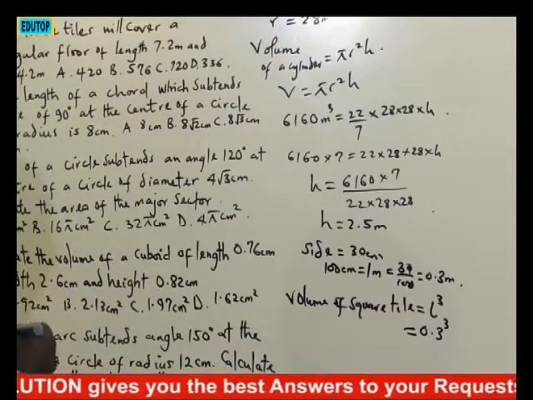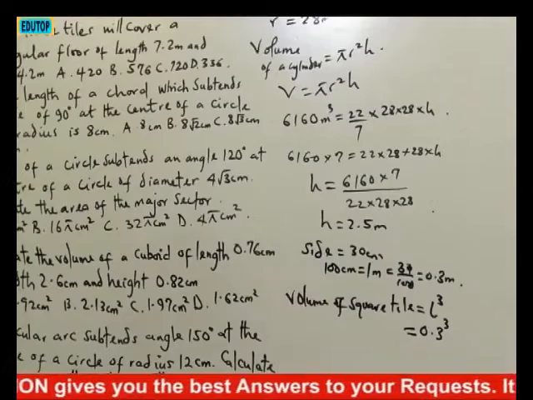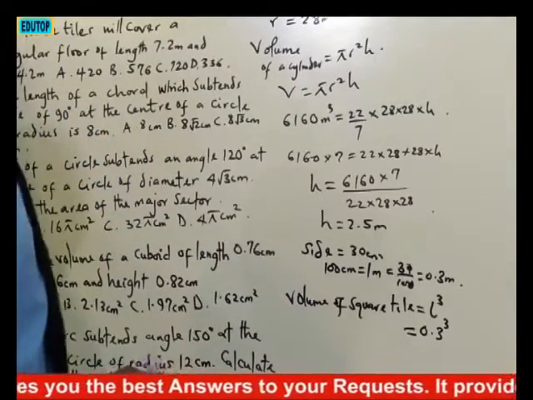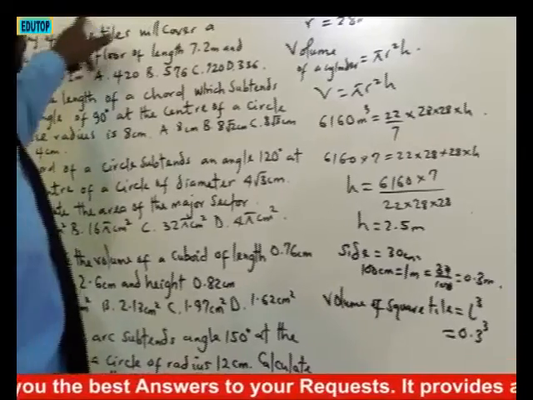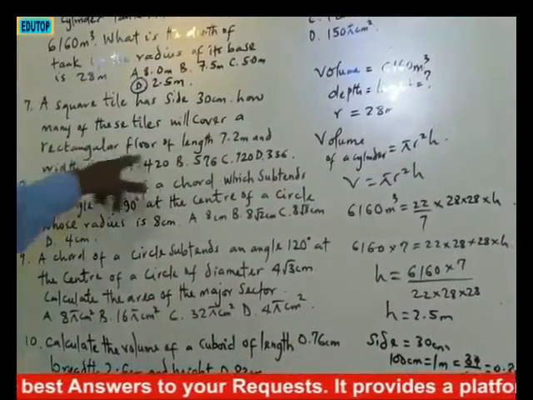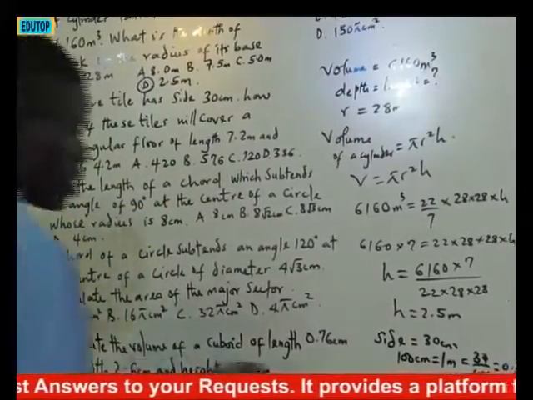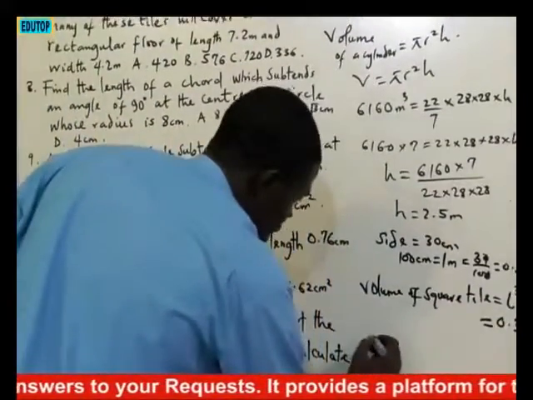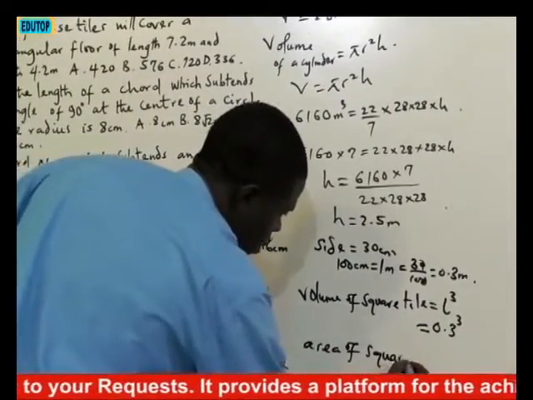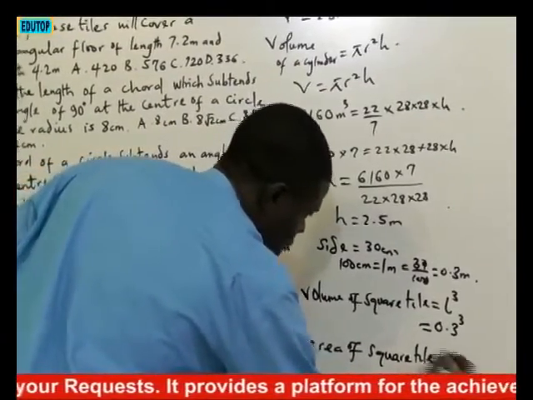For this particular question, we have a square tile, and this is the side. Meanwhile, we have a rectangle, so it's the area we're calculating, not the volume. So area of square tile, because we're trying to look for the area.